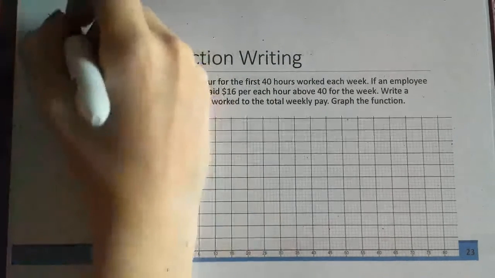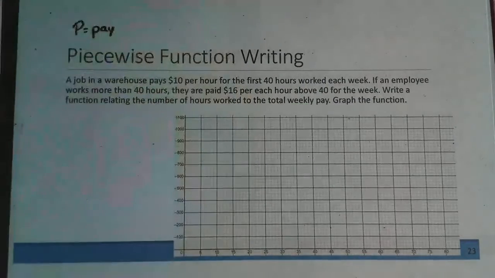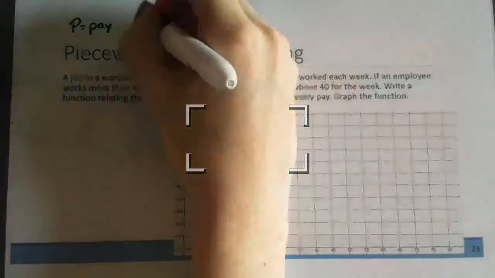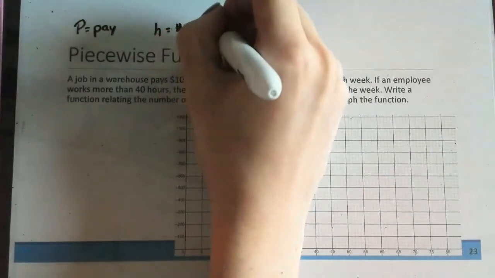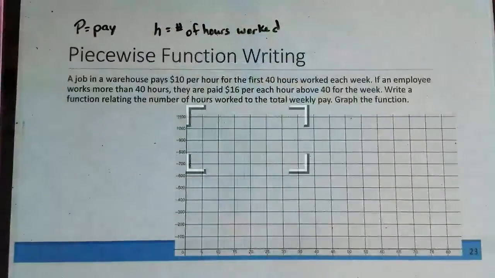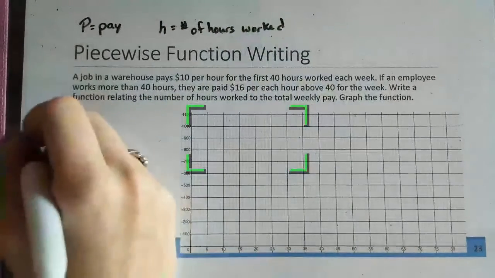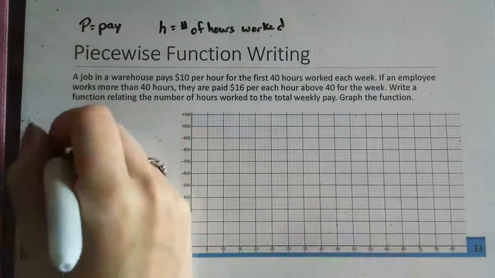So let's use capital P as our function, and that will represent the pay we get. And let's use H to represent the number of hours worked. So our function is going to be P of H because our pay depends on how many hours were worked.